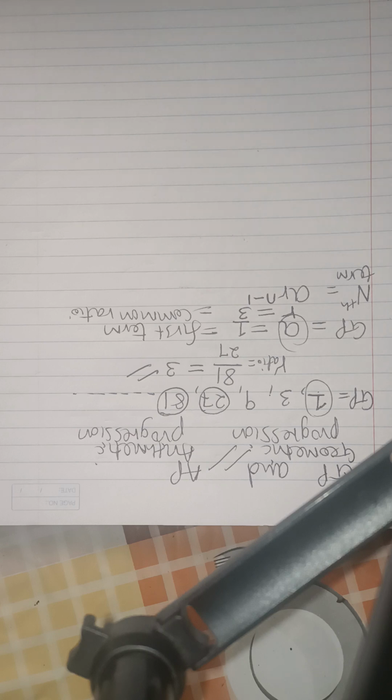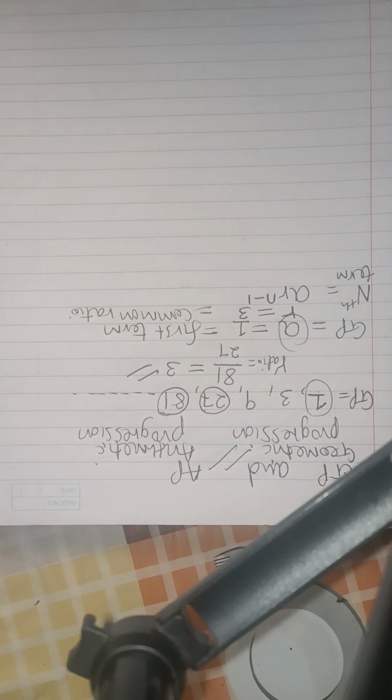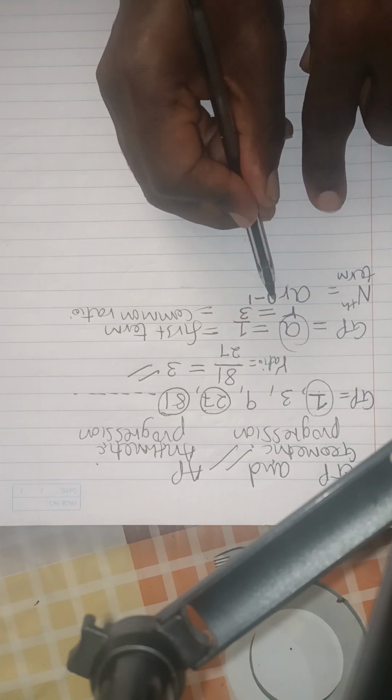So getting any nth term in a geometric sequence demands the use of A times r raised to n minus 1.